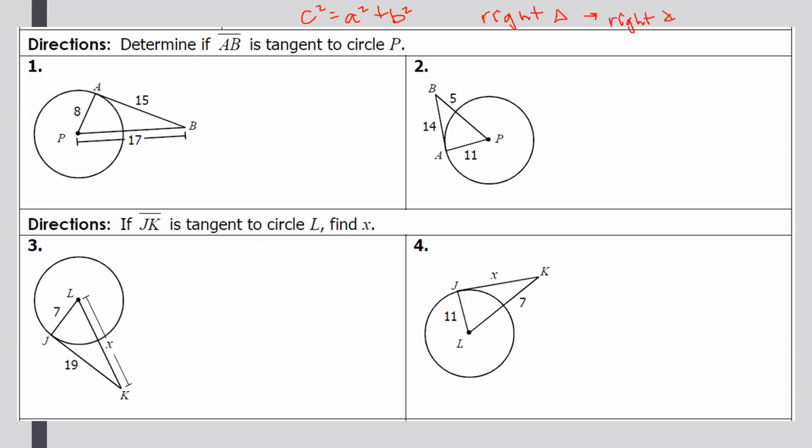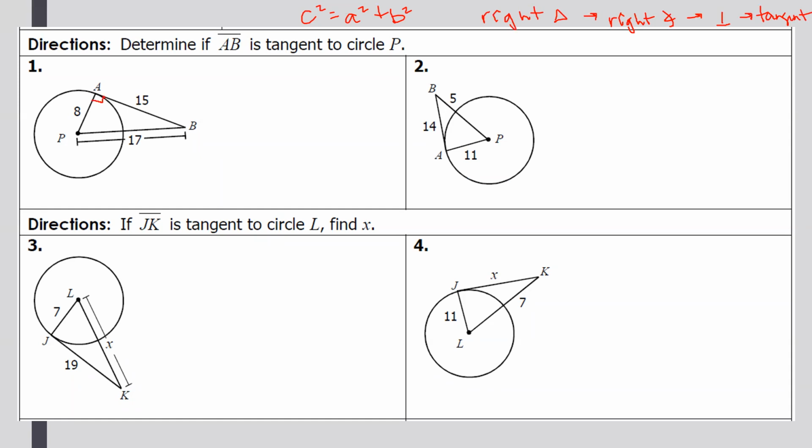If you have a right angle, that means you have perpendicular segments. And if you have perpendicular segments, then you've got a tangent line. That's going to be our thought process for each of these problems. If you don't have a right triangle, then you don't have a tangent line. Okay, so let's look at number 1.